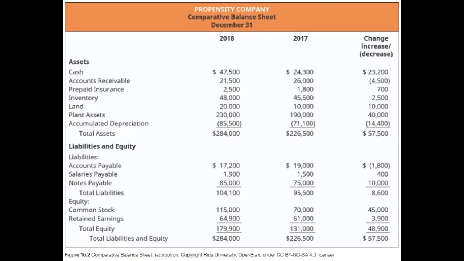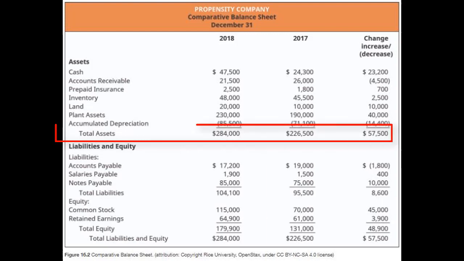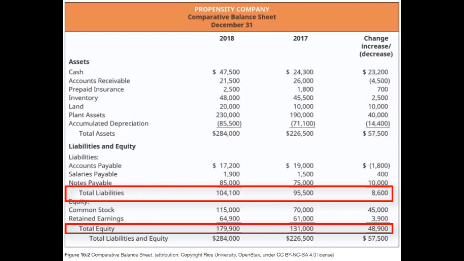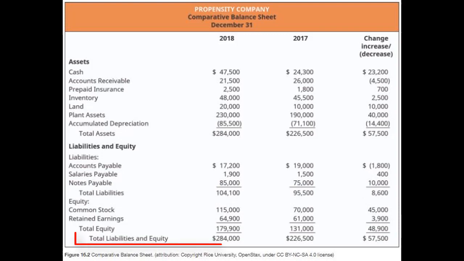In addition, please keep in mind that when we talk about different numbers changing value, there are subtotal and total numbers or rows. Total assets is a total. Total liabilities and total equity, those are subtotals. Total liabilities and equity, that is a total.